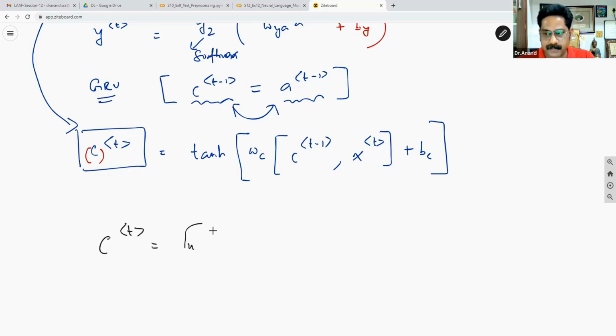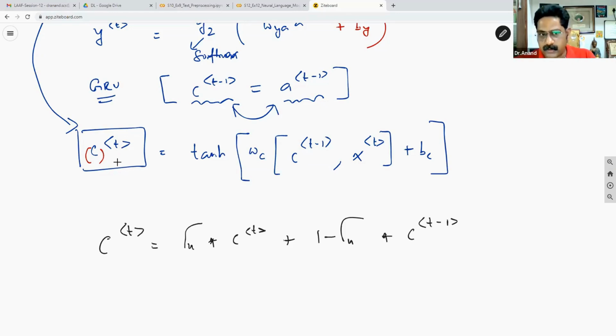So we have a separate scalar factor. Just imagine this is a scalar factor. I'll give you an expression for this tau U: tau suffix U times C T, plus 1 minus tau suffix U, 1 minus tau suffix U, times C T minus 1.